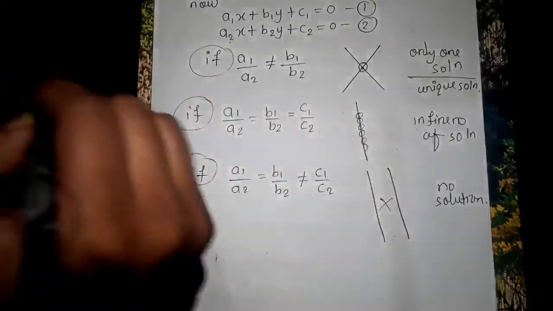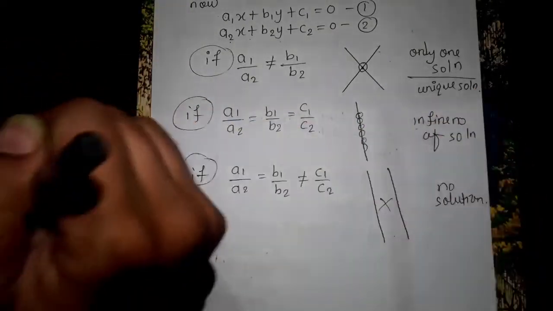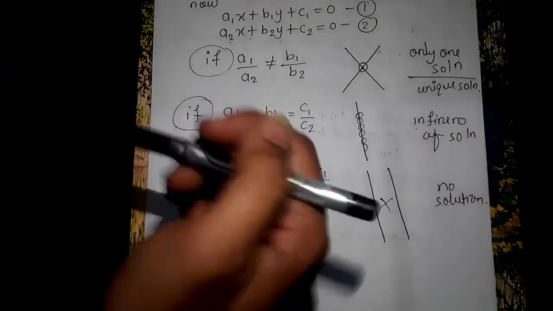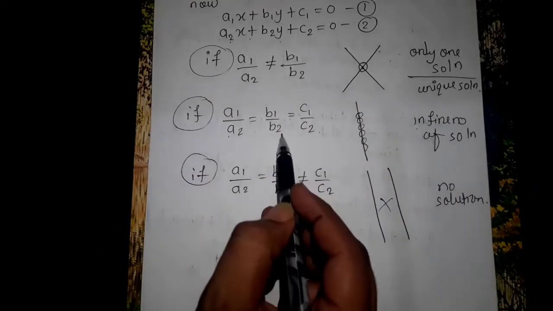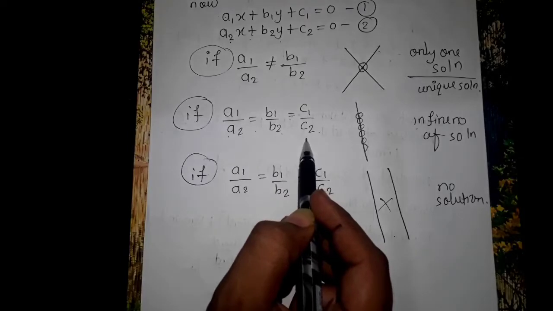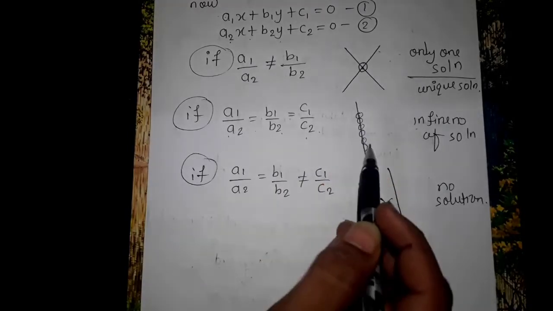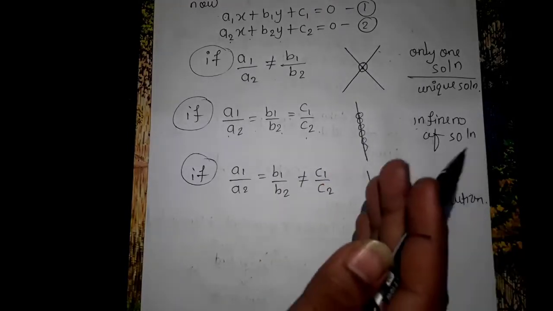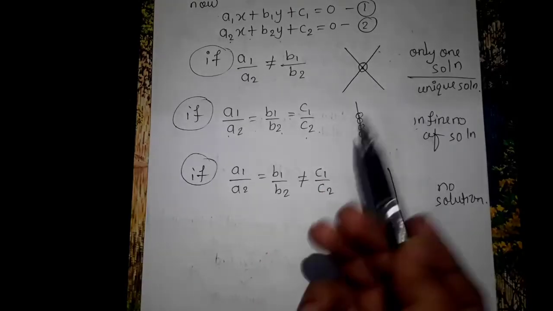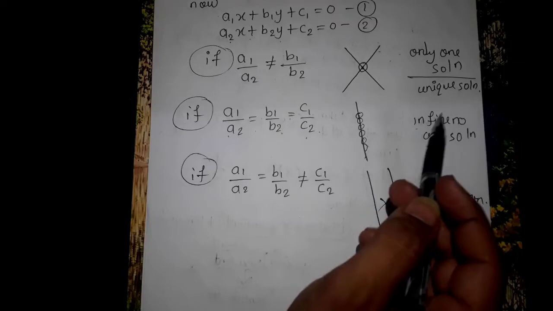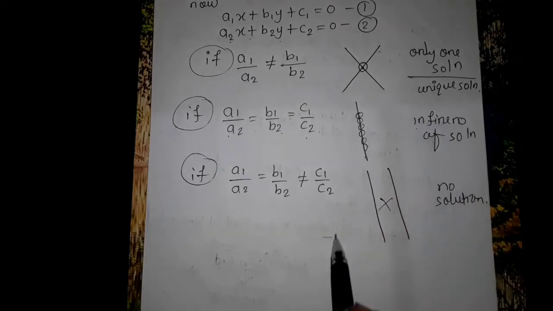If there is one point in common, therefore only one solution will be there. Only one solution is nothing but unique solution. If a1 by a2 is equal to b1 by b2 equal to c1 by c2, then the two lines will coincide. Coincide is nothing but they will overlap on each other. It means there are many points common. Infinite points will be there. Therefore, infinite number of solutions.